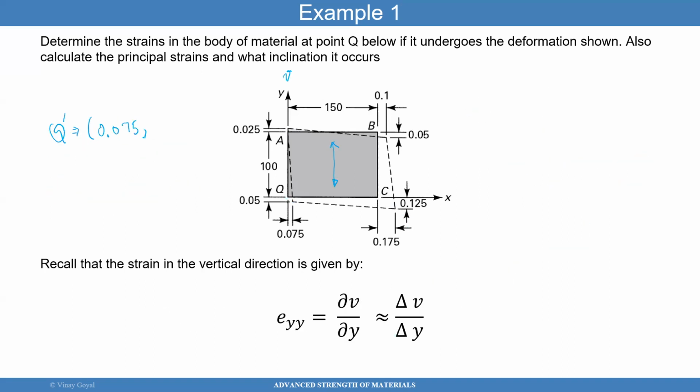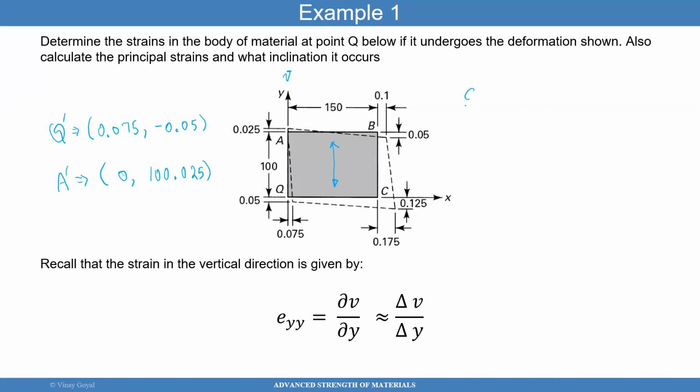And then point A moved to a new location. It didn't move anything in the x-axis. It moved upward 0.025. So the new coordinates are 100.025.